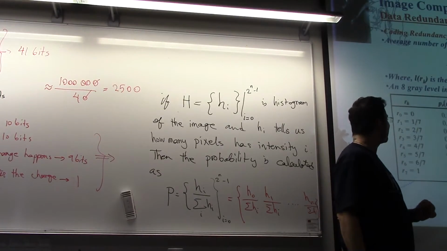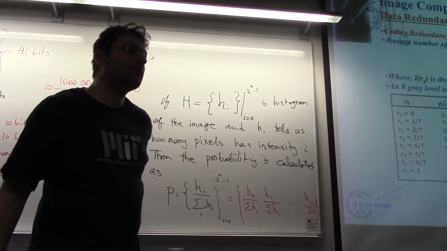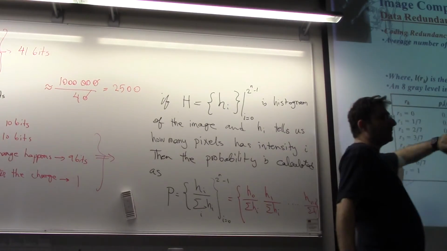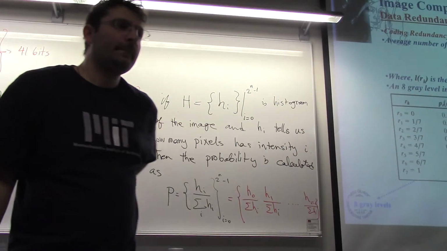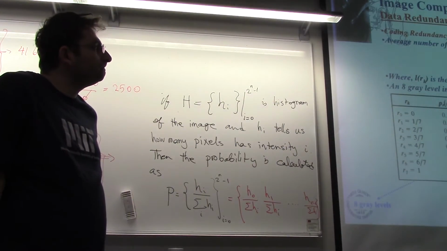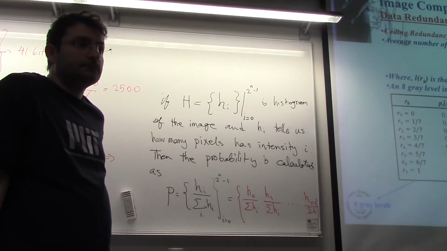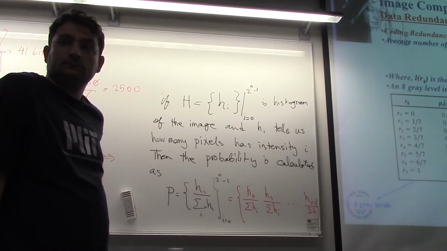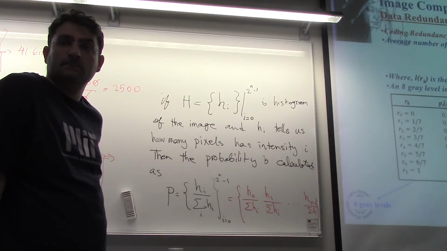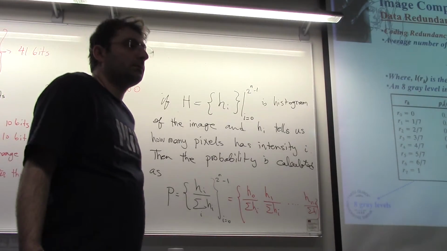Do we know how many pixels have the intensity value of 1? By looking at this graph, can you tell me how many pixels have the intensity value 1? We don't, because we don't know the size of the image.